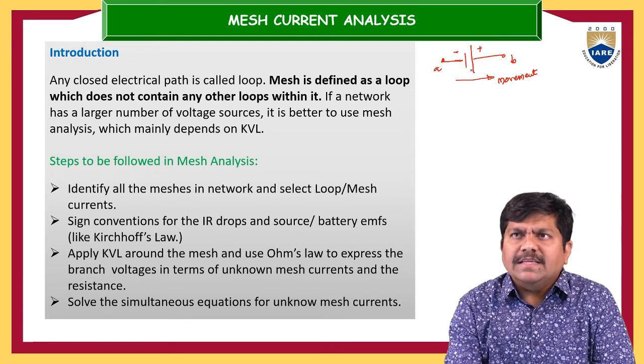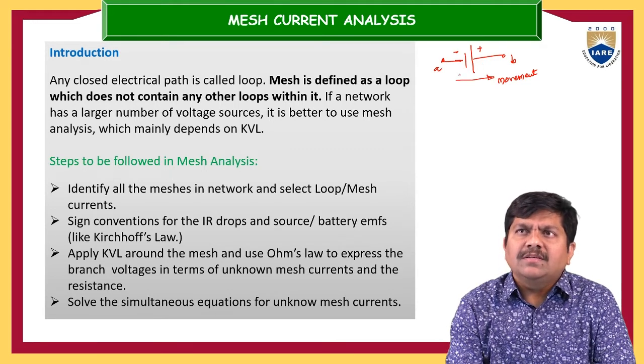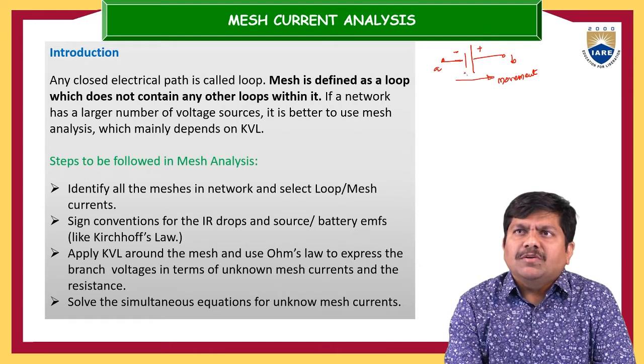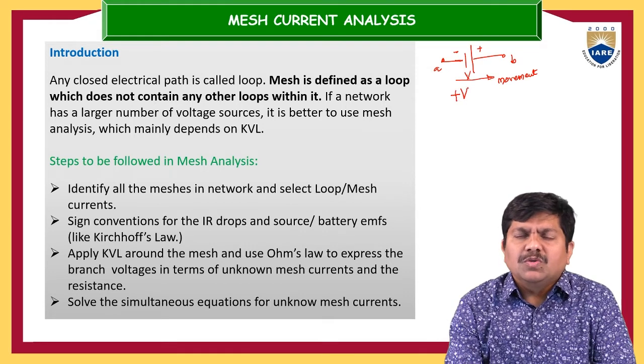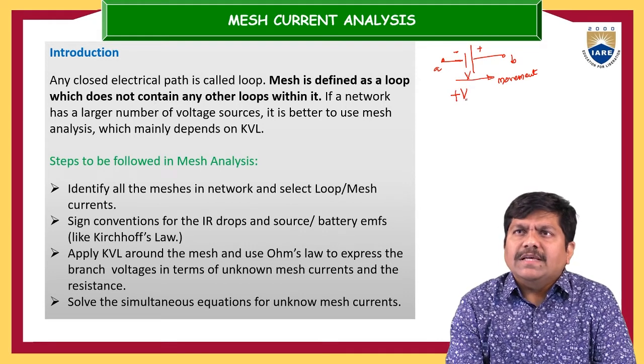So whenever you are traveling from the negative plate of the battery to the positive plate, it is assumed that the voltage source magnitude V gains some energy, so that is treated as positive. So this voltage source will be assigned a positive sign.